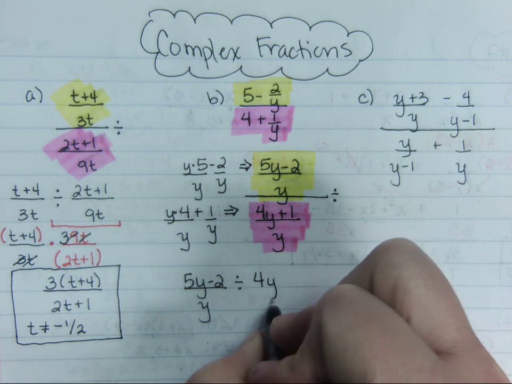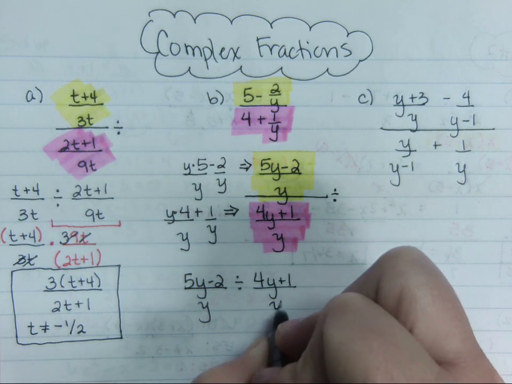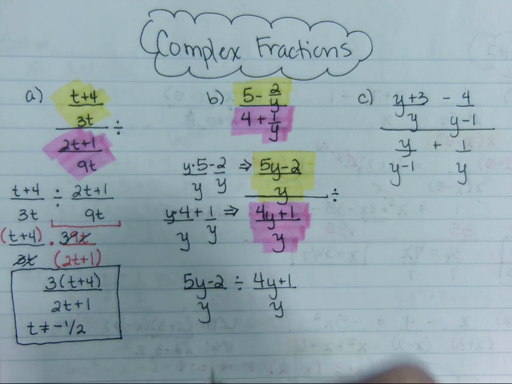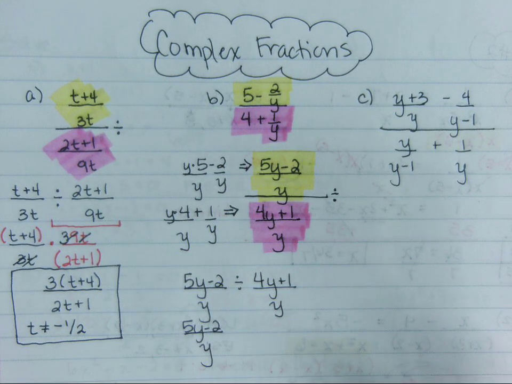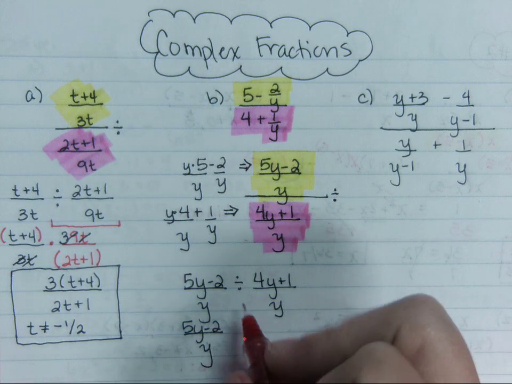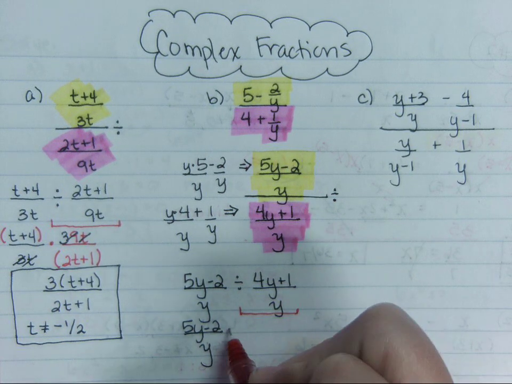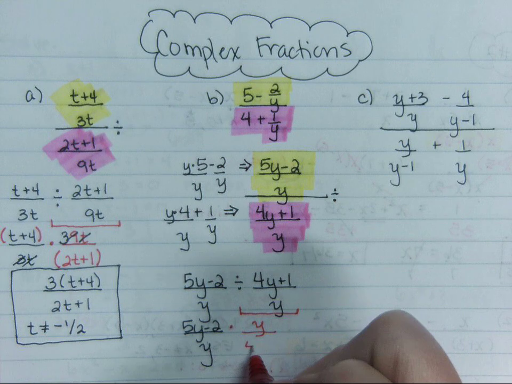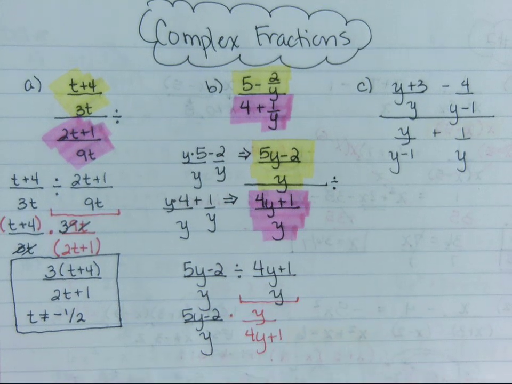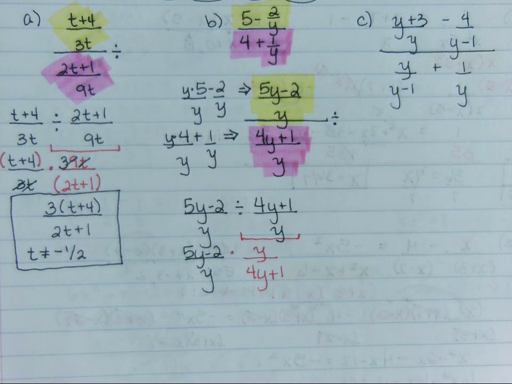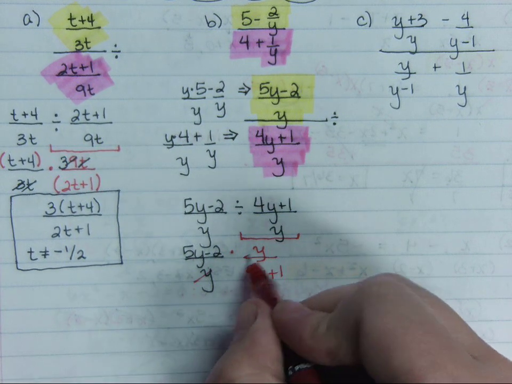That way I can see how I'm going to flip this. And when I leave my first fraction alone, and I want to change this fraction, I'm going to multiply by its reciprocal. And you can see that the only factor I can cancel is actually the y's.